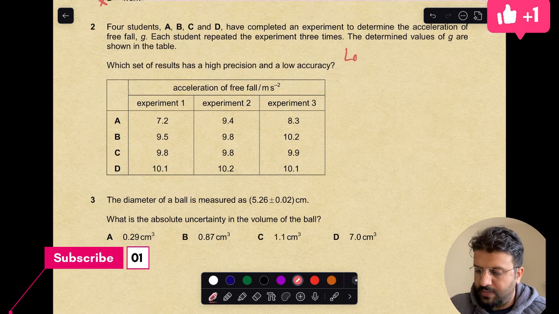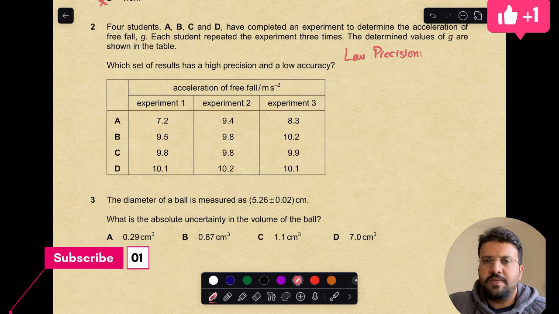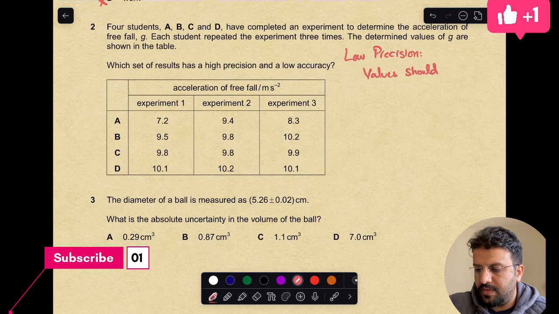Okay, so what we need to know first is what is high precision. Sorry, it's not low, it's high precision.